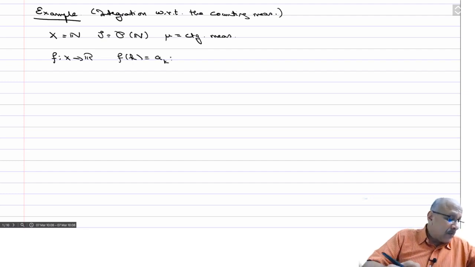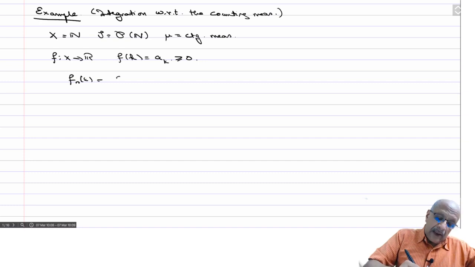A function from the natural numbers is just a sequence a_k, and then we assume that this is greater than or equal to 0. So now let us define f_n of k equals a_k for 1 less than or equal to k less than or equal to n, and 0 if k is bigger than n.